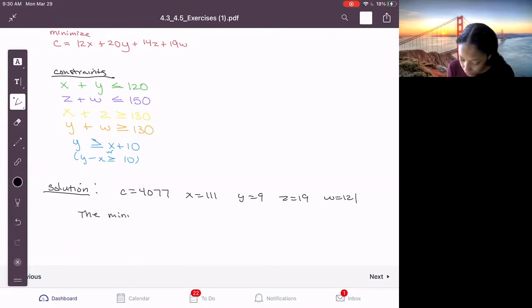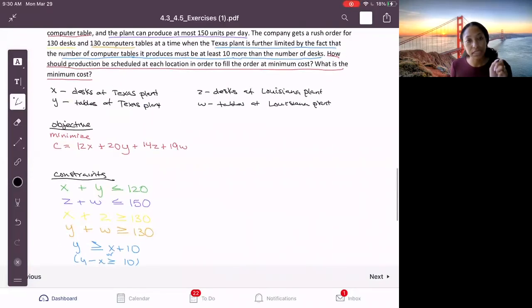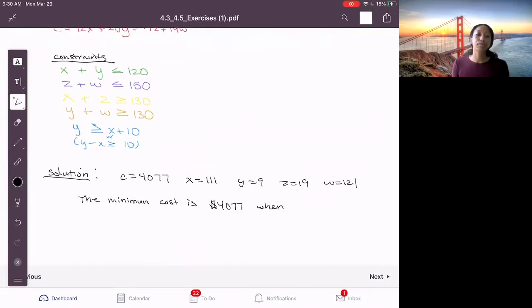The minimum cost is $4,077 when, what is X? X represents the desks from the Texas plant. Y represents the tables from the Texas plant.